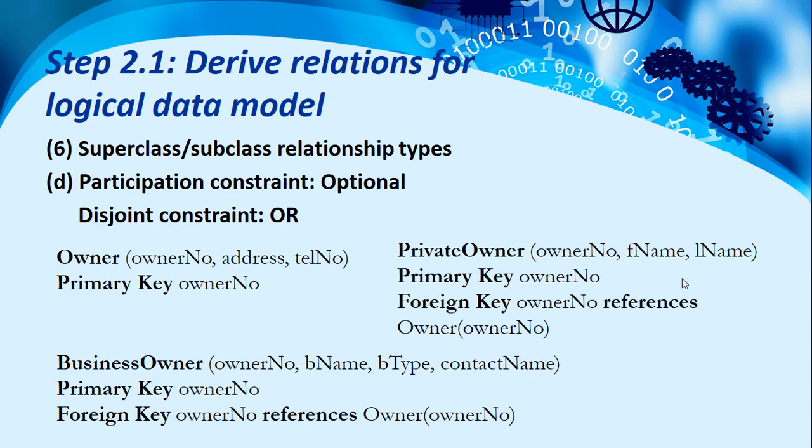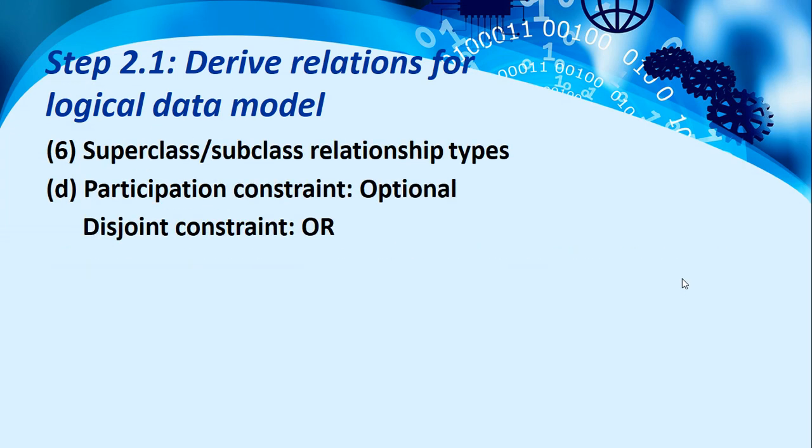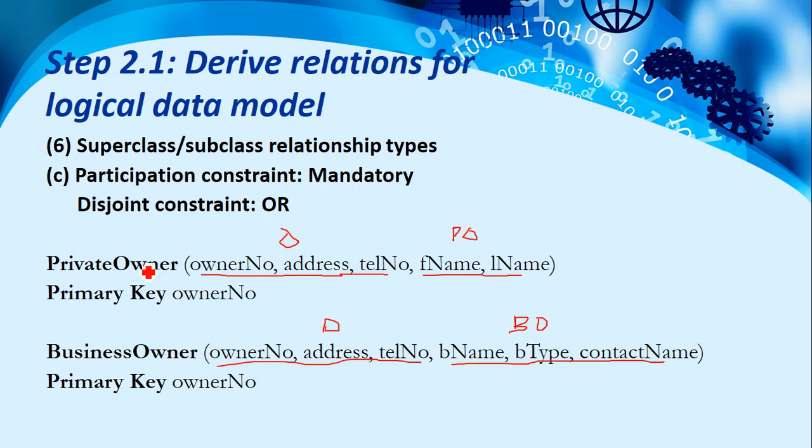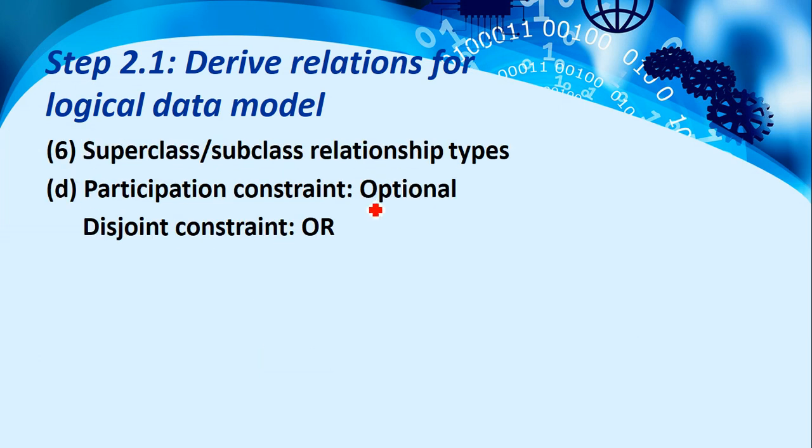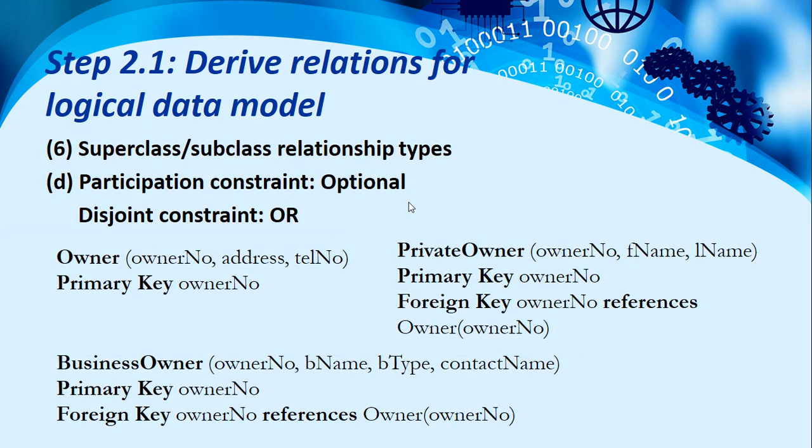So, bali yung nangyari is, ganun pa rin, but, since optional kasi yung participation constraint, that is why we extracted a relation. This one is exclusive for this superclass. And the rest, let's say kung dalawa yung subclass mo, so you have another two additional relations.